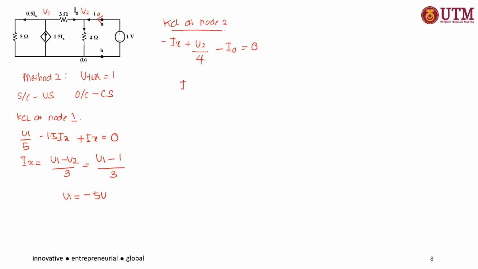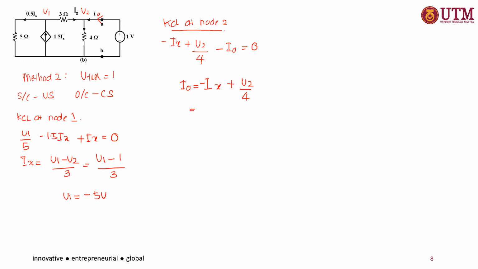Okay, and then you will get your I naught is equal to negative Ix plus V2 divided by 4.